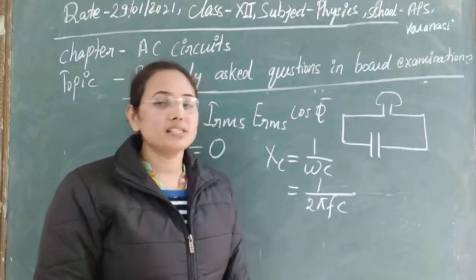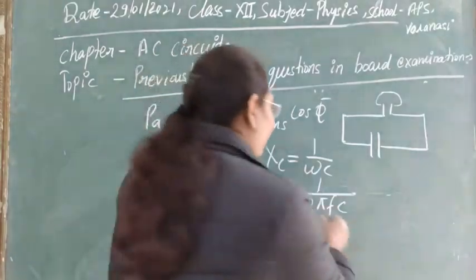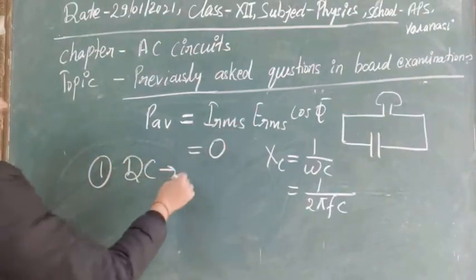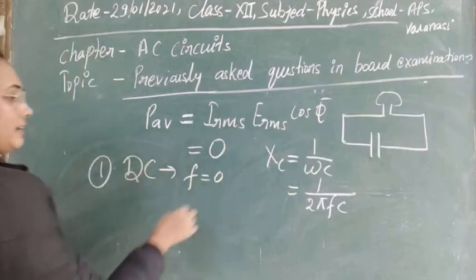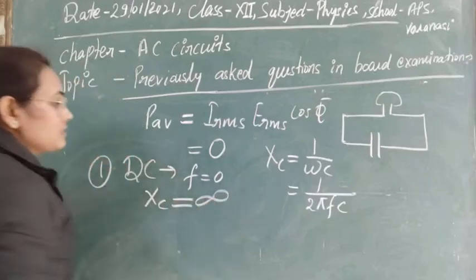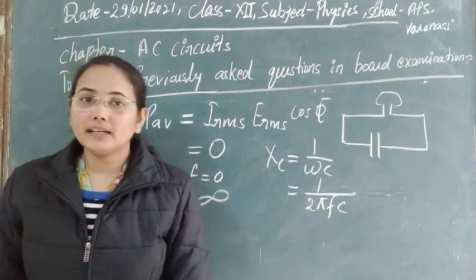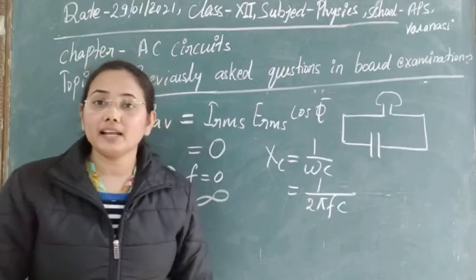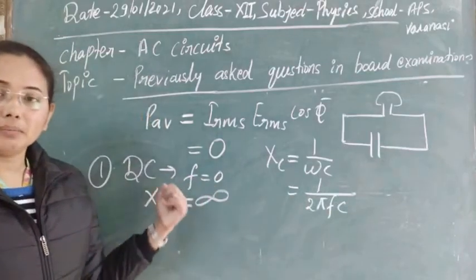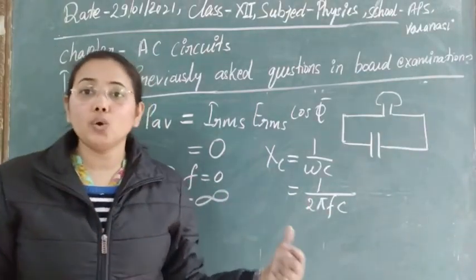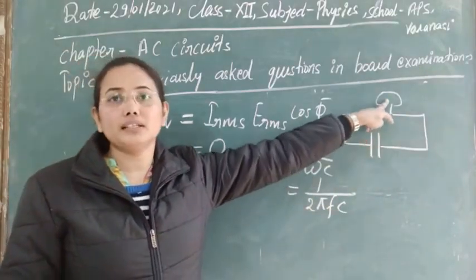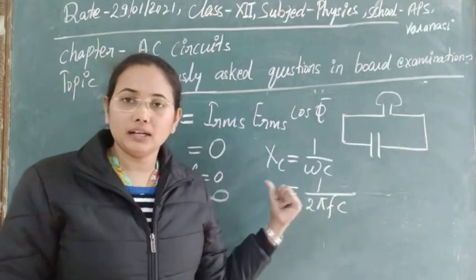So for DC, f is equal to 0, and from here we can see that the reactance of the circuit is infinite. So infinite reactance is offered by the capacitor for any DC signal. It will block the DC signal, no current will flow through the circuit, and if current does not flow, this lamp will not glow with the DC supply.